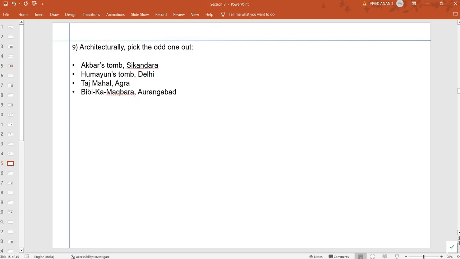You people remember the picture of Akbar's tomb? Yes, sir. Minarets. Minarets were there also in Humayun's tomb. In the Taj Mahal and Bibi ka Maqbara, there were huge minarets.